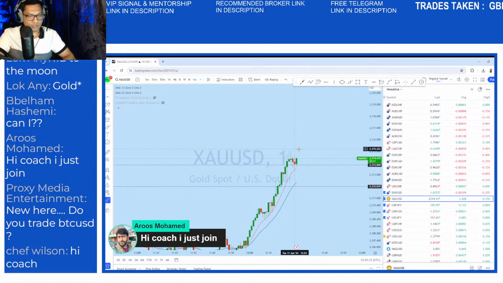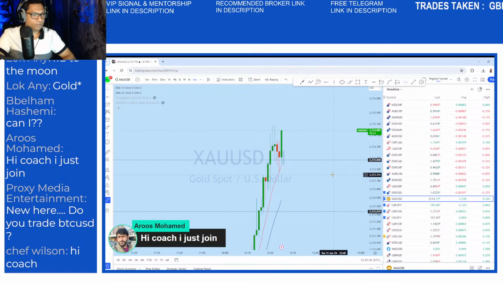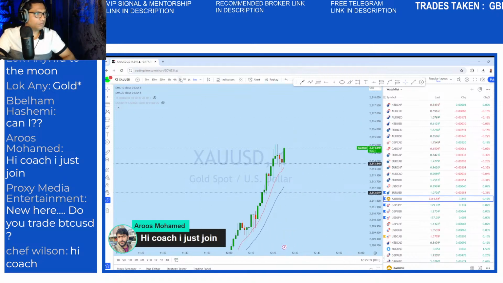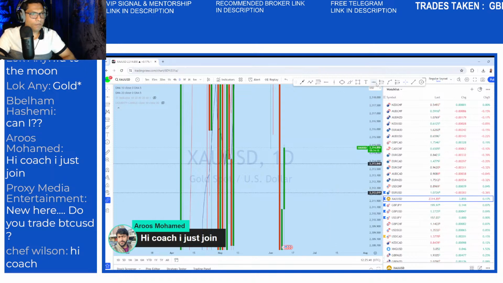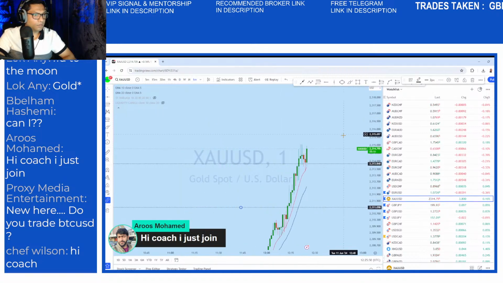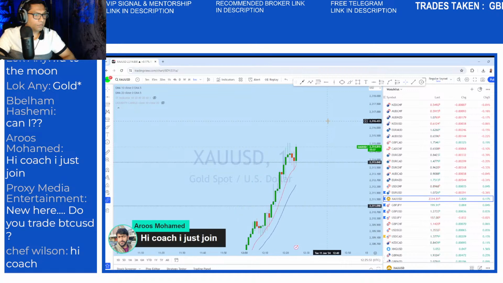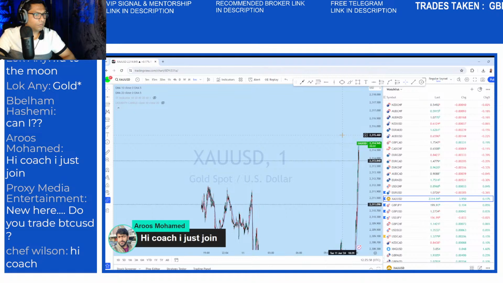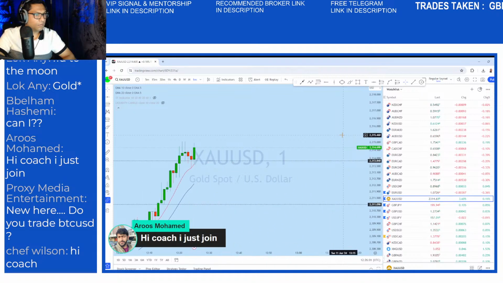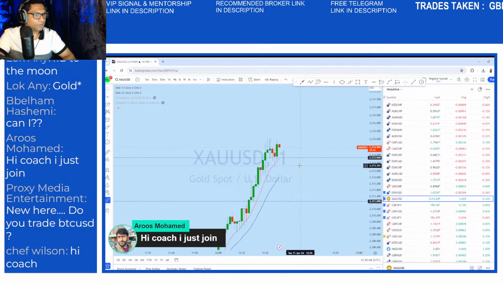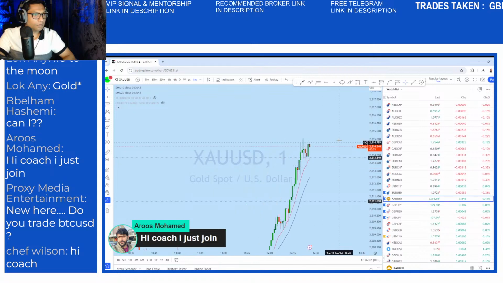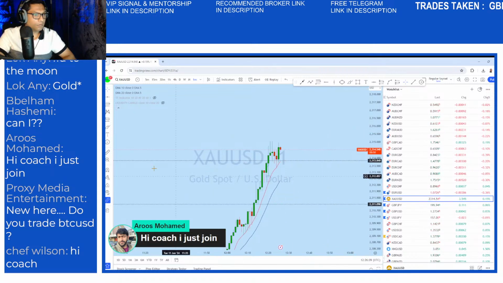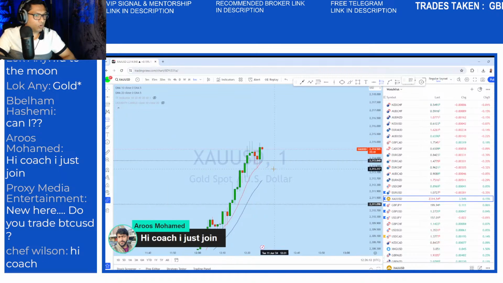Wanna see rejection here. So the daily support. Just checking risk reward, not going anything.